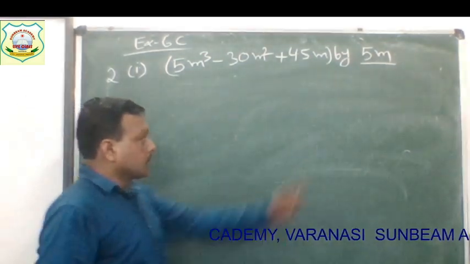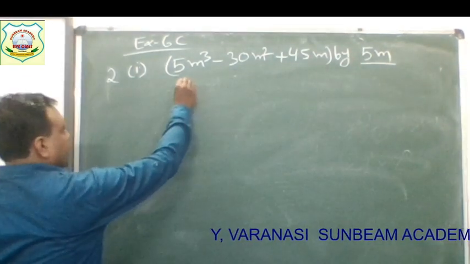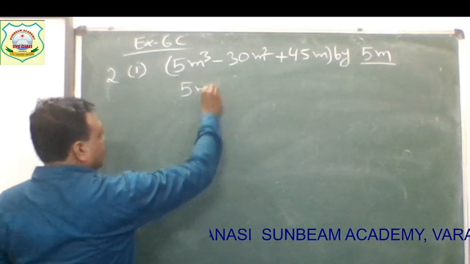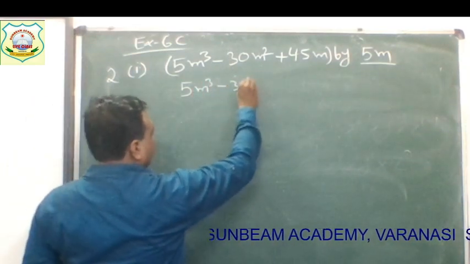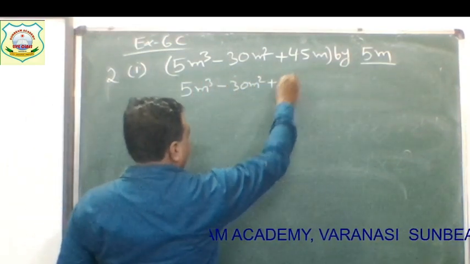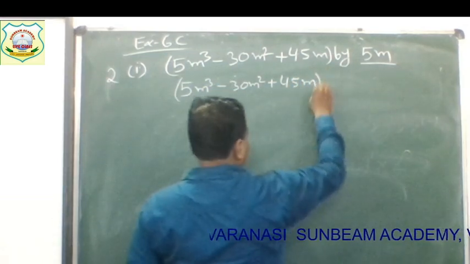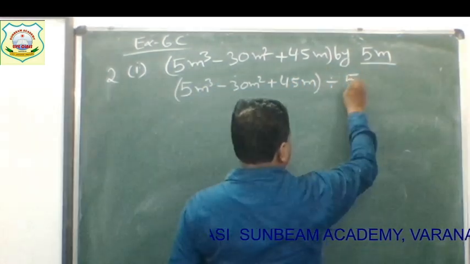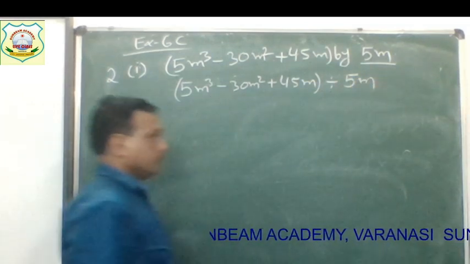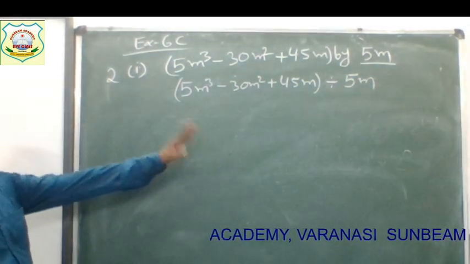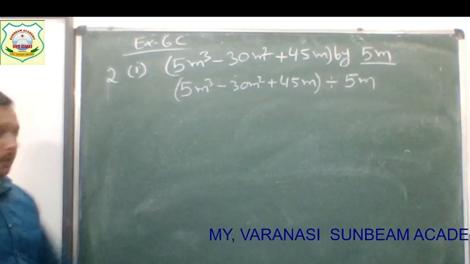Students, now your question is given. First we have to convert it to divide form: 5m cube minus 30m square plus 45m, divided by 5m. Okay, now 5m will divide all these terms.